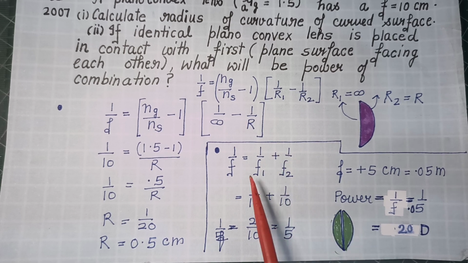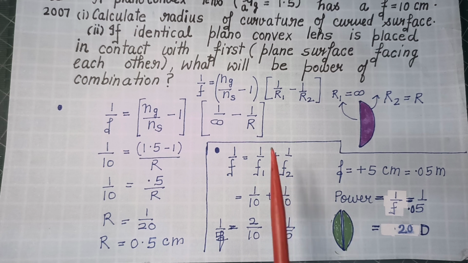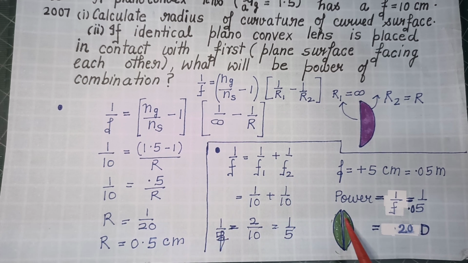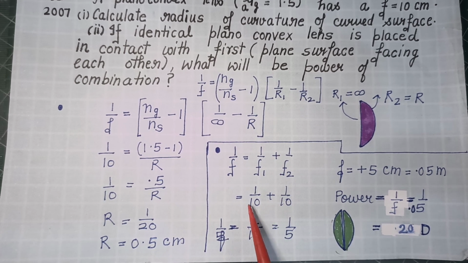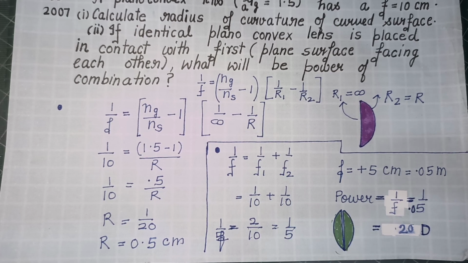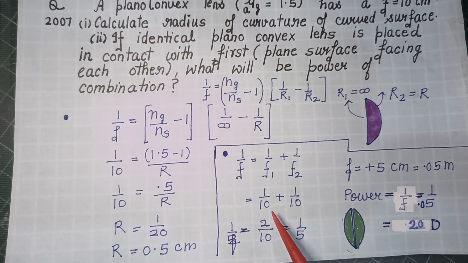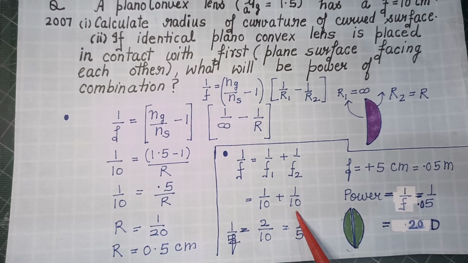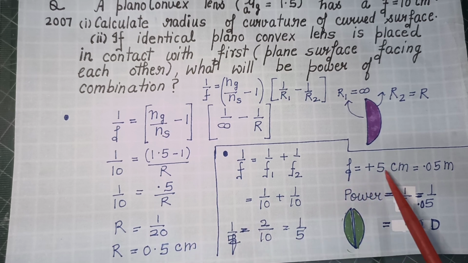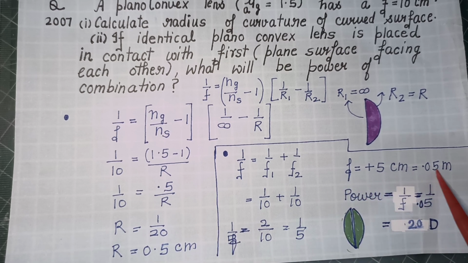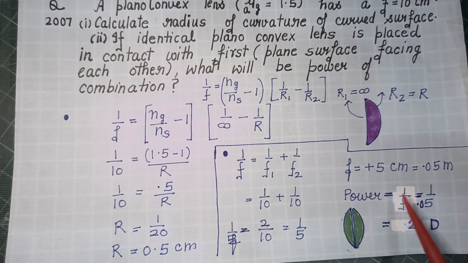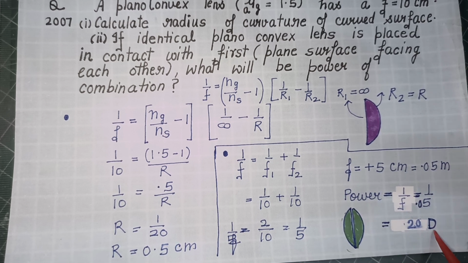Here power or focal length will be substituted with the sign. Both the lenses are identical, and both have plus 10 centimeter as their focal length. So substituting the focal lengths, the focal length of the combination is 5 centimeter or 0.05 meter, and hence power is 1 upon f, that is 20 diopter.